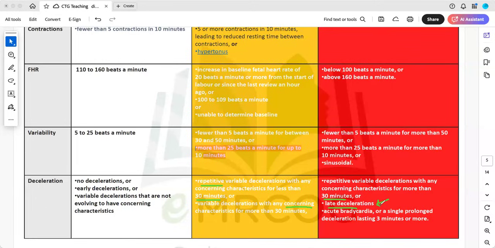That means fetal hypoxia. That means a red feature. That means a pathological CTG. And it means also that you need to take a fast decision in regard to the labor continuation.